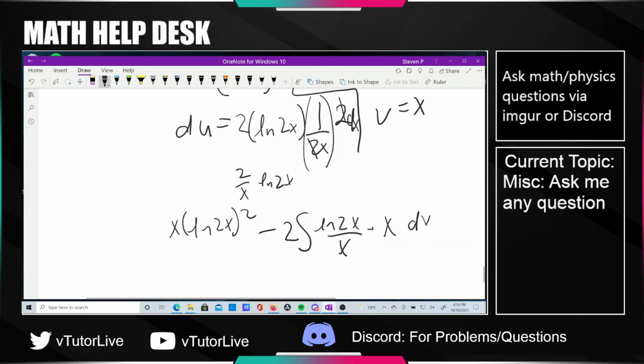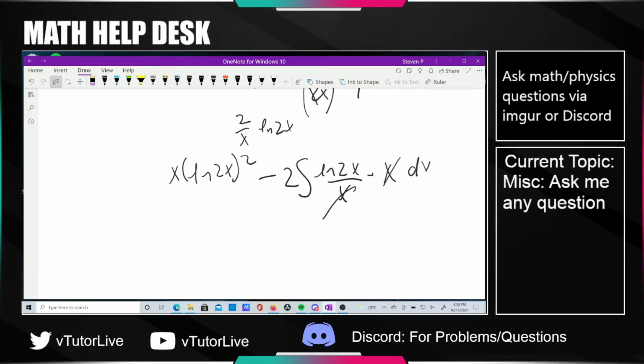The reason this works out cleanly is because the x and this x cancel out perfectly, and all that's left is a relatively elementary integral, which is just the ln of something. I'll let you look up in your textbook how to do this, but I believe it just turns out to be x ln of x minus x, right?